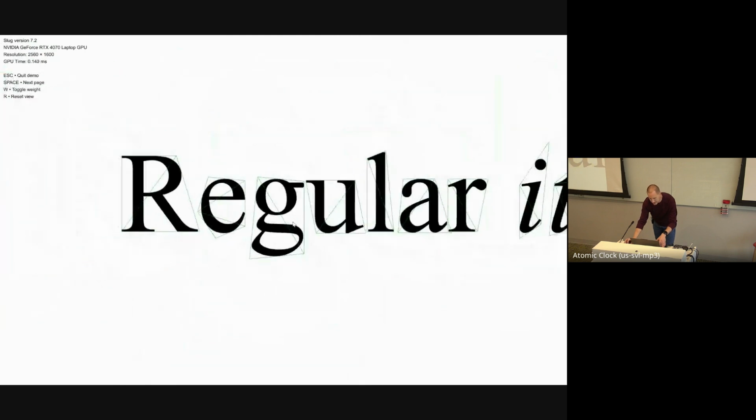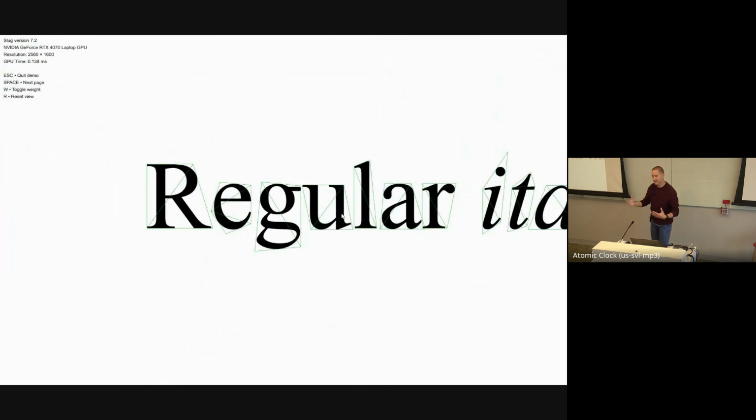And since it's rendering directly from the Bézier curve control point data that defines these shapes, it never loses quality, no matter how far in I zoom in on this, within the limits of floating point precision. It will always be a nice, beautiful, smooth curve that never pixelates or becomes faceted or anything like that.